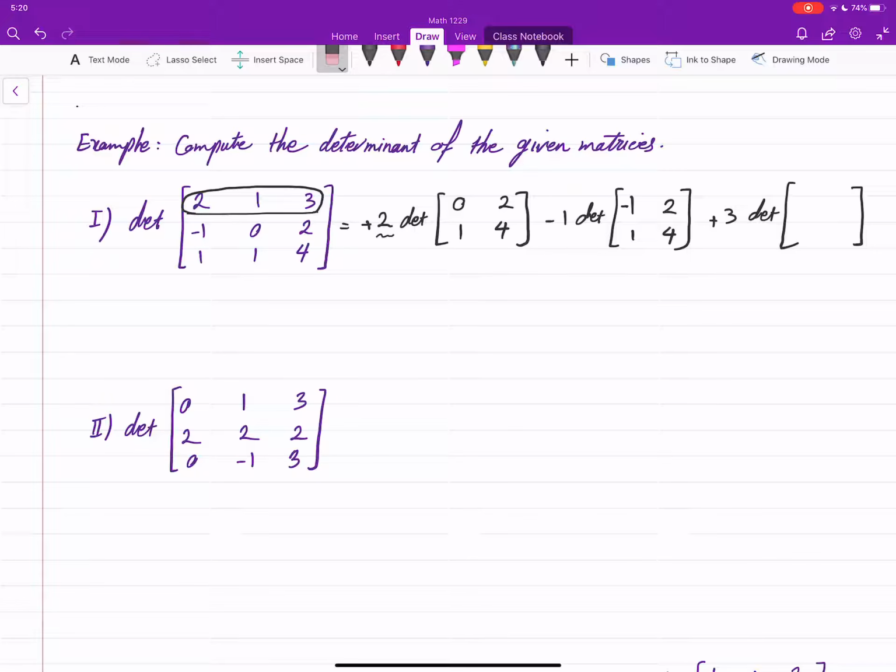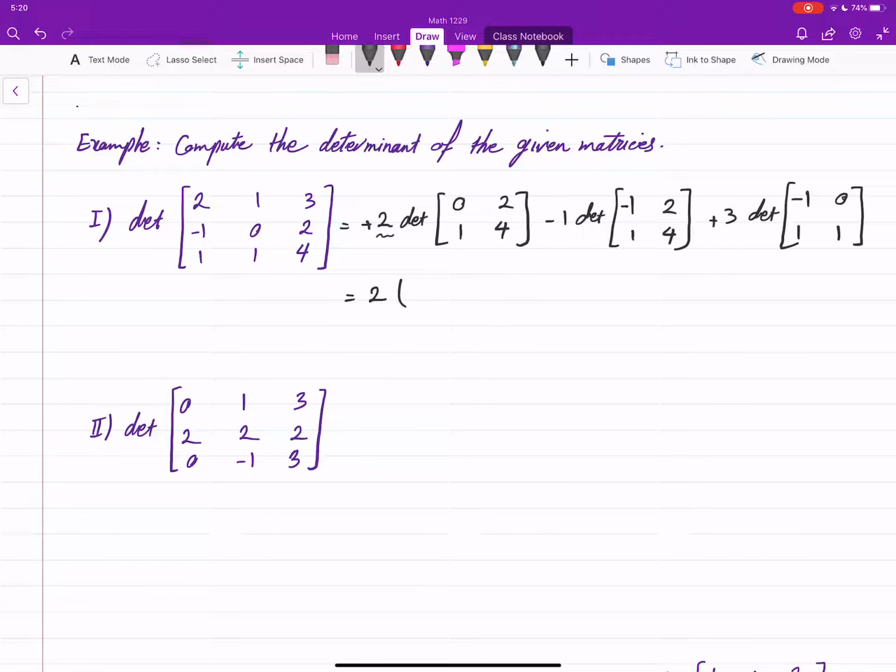For the third entry, we have the third column and first row. So here you have -1, 0, 1, 1. And this is the computation that we have to complete. We know how to compute the determinant of 2 by 2 matrices.